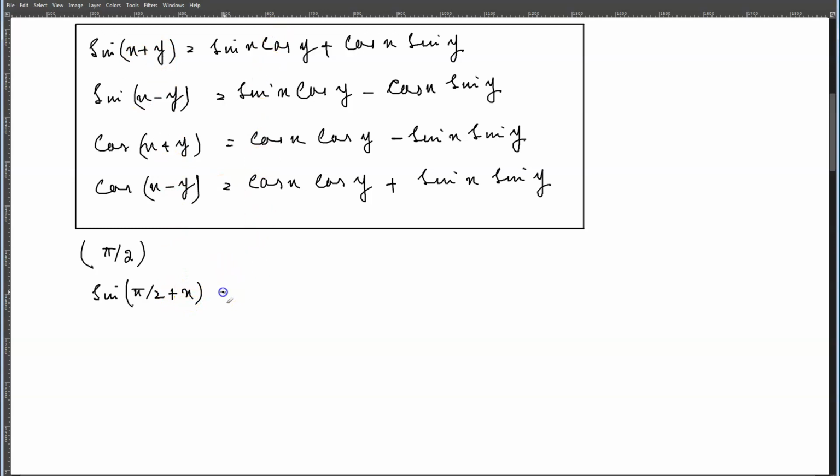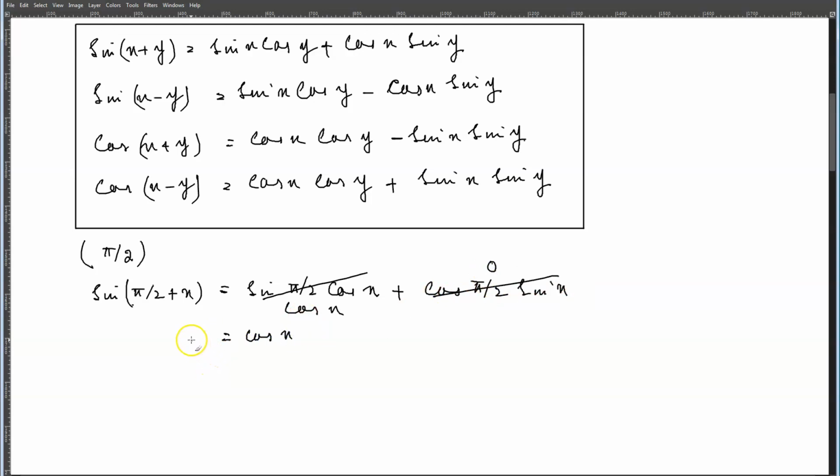And so you will have the sine of pi by 2 cos x plus the cos of pi by 2 sine x. Sine pi by 2 is equal to 1, so this whole thing becomes cos x. Cos pi by 2 is equal to 0, so this whole thing becomes 0. So this is equal to cos x.